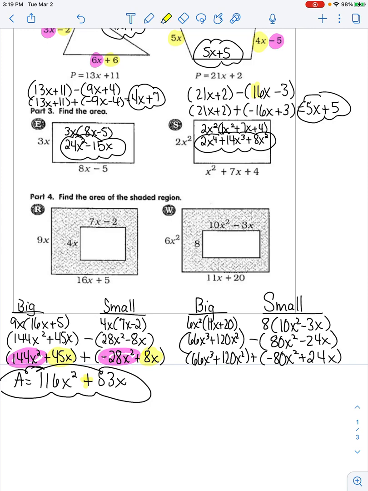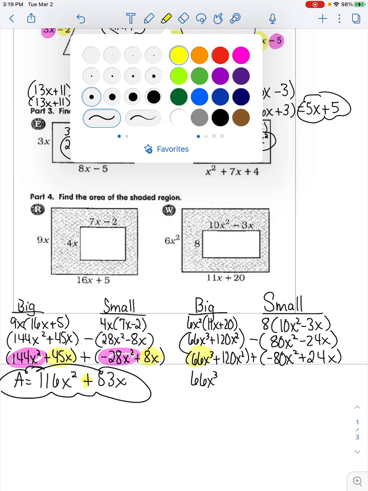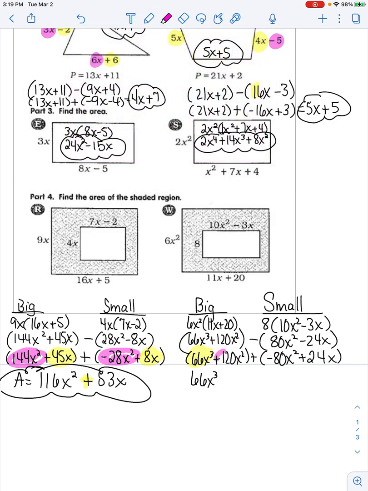Now I can just start combining like terms. I don't see anything else with an x to the third, so I just bring down that 66x to the third. I do, however, see a couple of terms that have x squared, so let me go ahead and combine those.